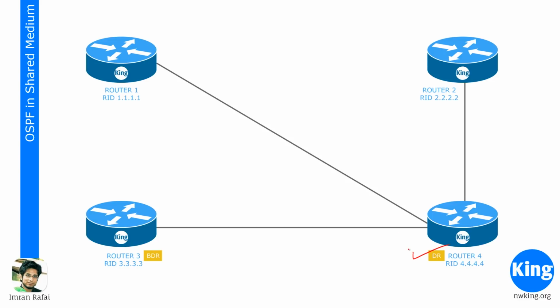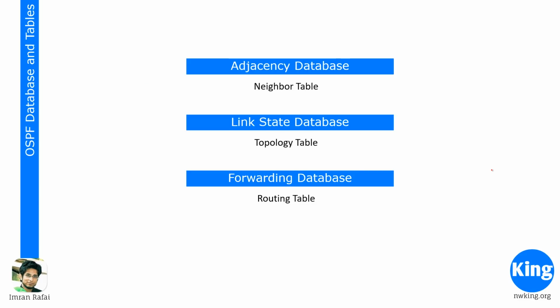So for LSA exchange, let's say all the devices send the LSAs. If they have to send any LSA, it would send to the DR, and then the DR would update the other devices. It's more like a point-to-point network between these three devices and router 4, which is the DR, right? So this is how they avoid creating unnecessary bandwidth in a shared medium.